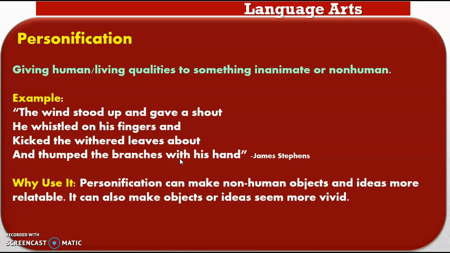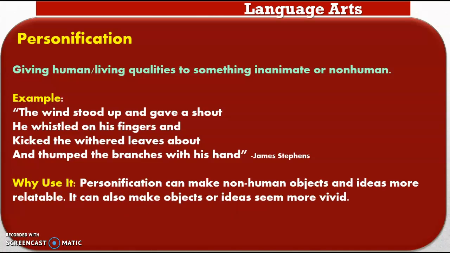So, why do we use personification? It can make non-human objects and ideas more relatable, right? Because we are just so innately interested in humans and we watch them all the time, that when you personify something that's not a human, you feel closer to it. You can visualize it or understand it better. It also makes them seem more vivid.